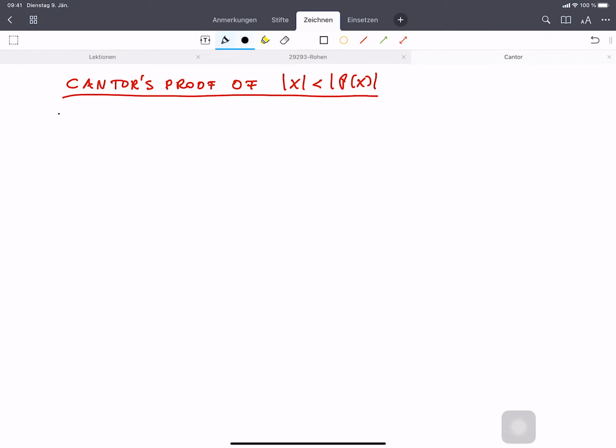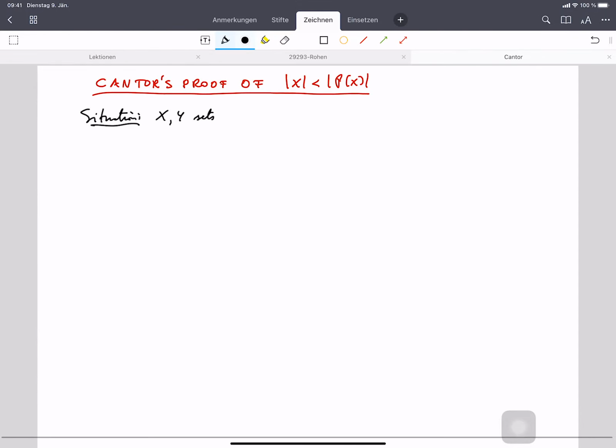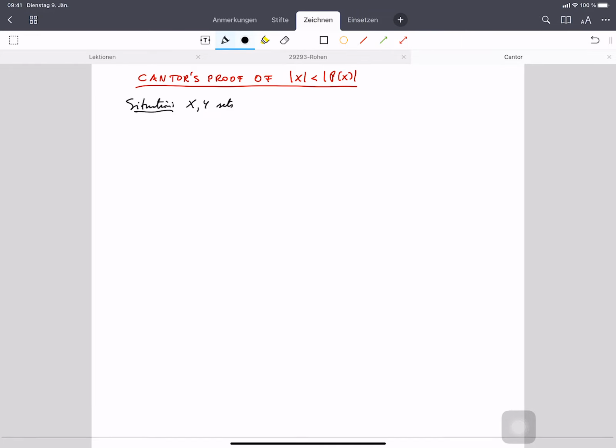Fix a situation: let X and Y be sets, and denote by P(X) the power set of X, which is the set of all subsets of X.